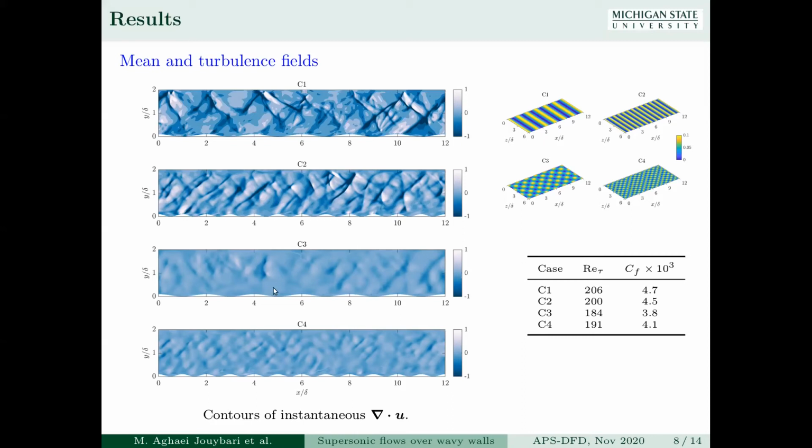This figure shows the contours of instantaneous divergence of velocity. As you can see, for 2D surfaces, we see strong shock patterns that have the same wavelengths as the surface roughness, and they go all the way up and hit the top wall and are reflected back to the domain.